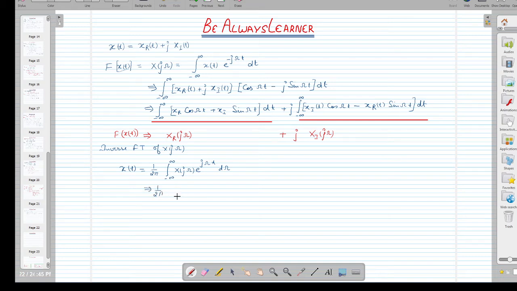Now we have to write the term X(jω) in the above term. So I can express X(jω) like the real part plus the imaginary part of x.